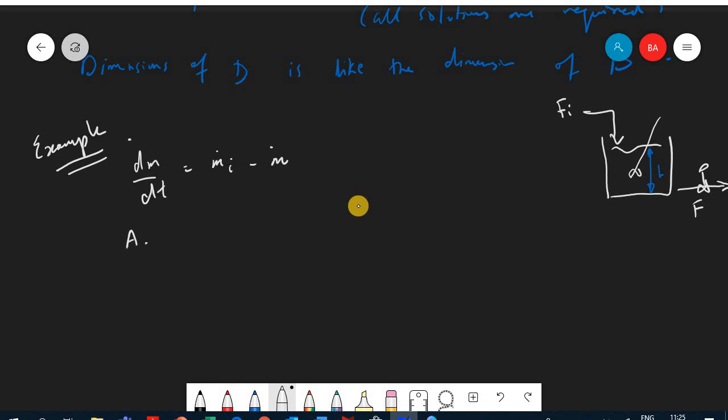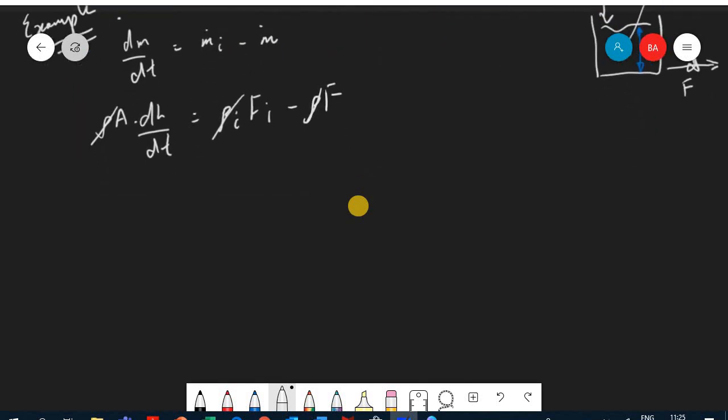So here we are going to have rho A dh by dt is equal to rho Fn minus rho F. I'm going through this again, I know you already went through this many times. And then you're going to have dH by dt is equal to Fn over area minus F over area, and F here actually is alpha square root of h divided by area. So that was the equation.